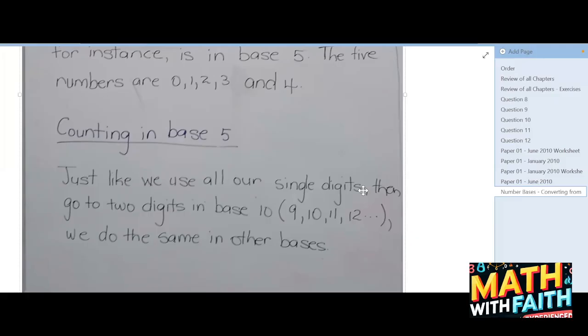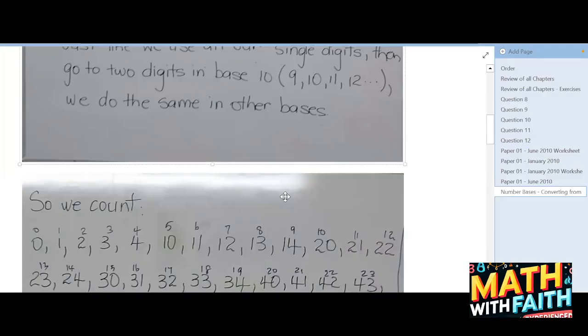We start with 1 in our 2 digits: 1, 0, which is 10, 11, 12, 13, 14, 15, 16, etc. Same idea for base 5. Remember, we don't have 5, 6, 7, 8 and 9. We only have up to 4. So when we get to 4, we have to start our 2 digits. We do the same in other bases.